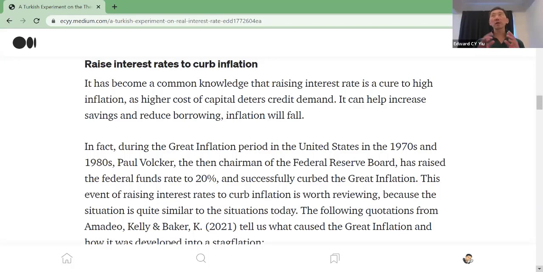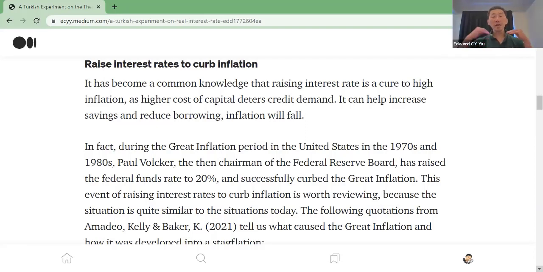In fact, during the great inflation period in the United States in the 1970s and 1980s, the chairman of the Federal Reserve, Paul Volcker, had indeed raised the federal rate up to 20%, and he successfully curbed the great inflation.